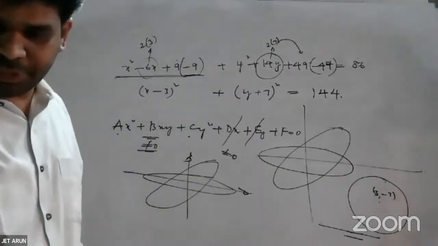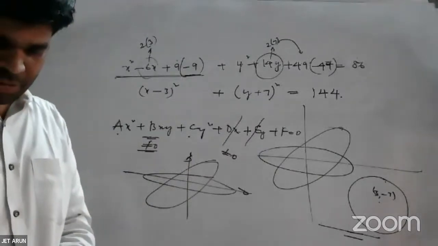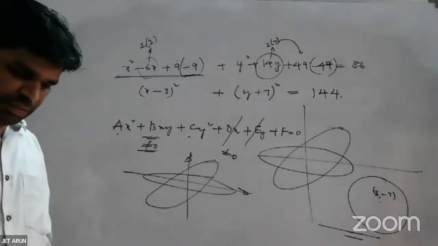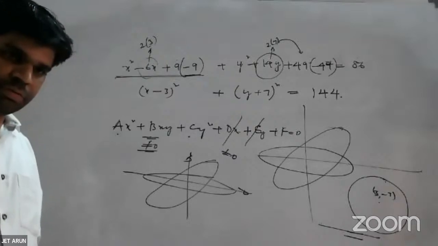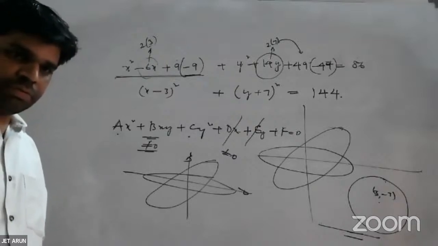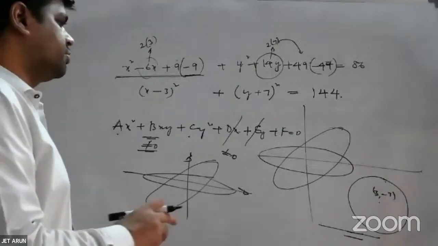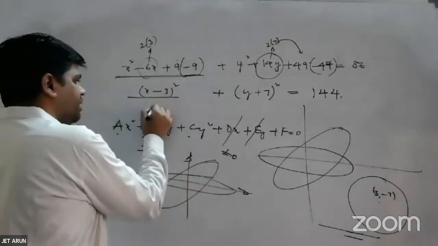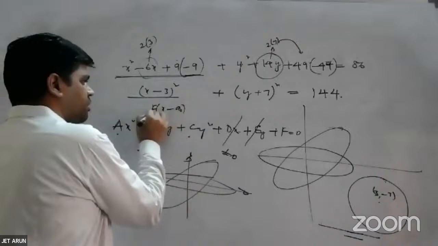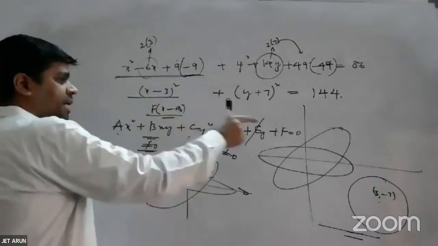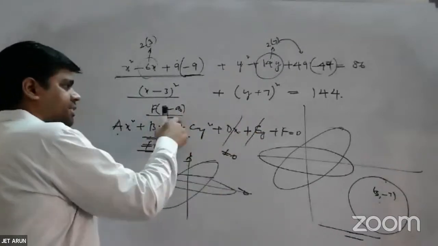So let us see one equation. Why is it 3, minus 7, when it should be minus 3, 7? See this f of x minus a. I am shifting this towards the right, towards the positive side of the axis, x minus a.